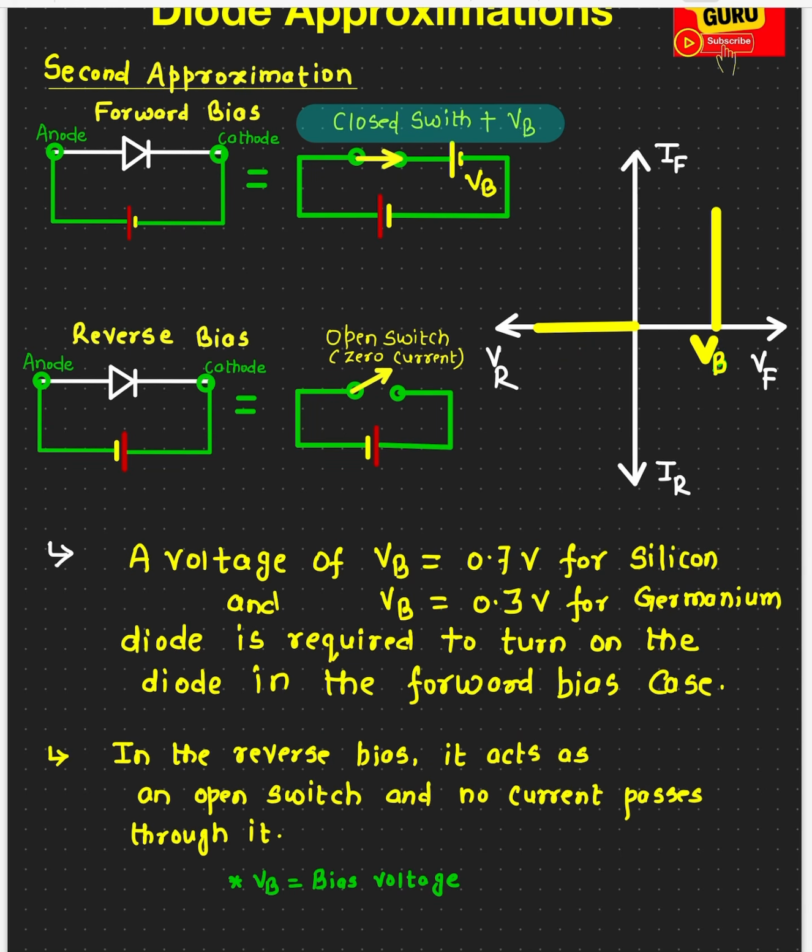So in summary, for the second approximation, in the forward bias, the diode behaves as a closed switch plus the bias voltage combination, and in the reverse bias, it simply acts as an open switch. The bias voltage means you require this amount of voltage, 0.7 volt for silicon and 0.3 volt for germanium, to turn on the diode.